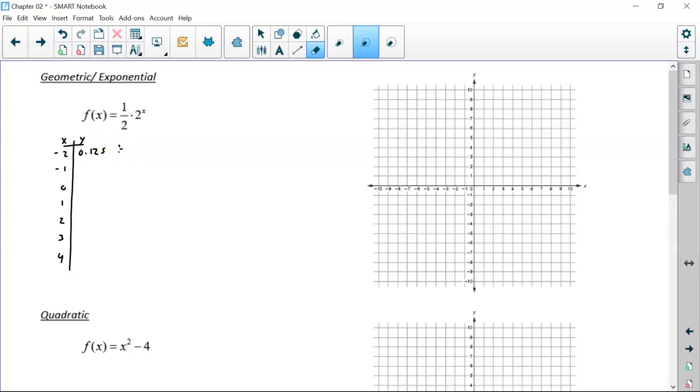That's also 1/8. When x is -1, we're going to be at 0.25, which is 1/4. When x is 0, we're at 1/2. When x is 1, we're at 1, and then 2, 4, 8.